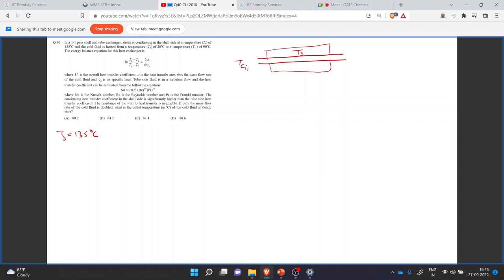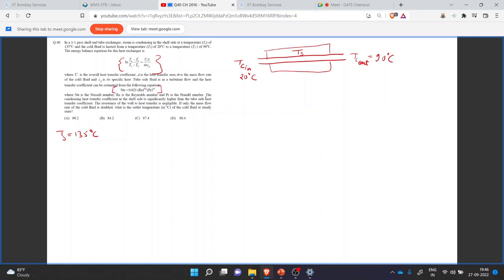So Tc in will be 20 degrees Celsius, and Tc out, that is the cold fluid outlet temperature, has been given as 90 degrees Celsius. And then we have been given the energy balance equation, as well as this correlation of Nusselt number, Reynolds number and Prandtl number.